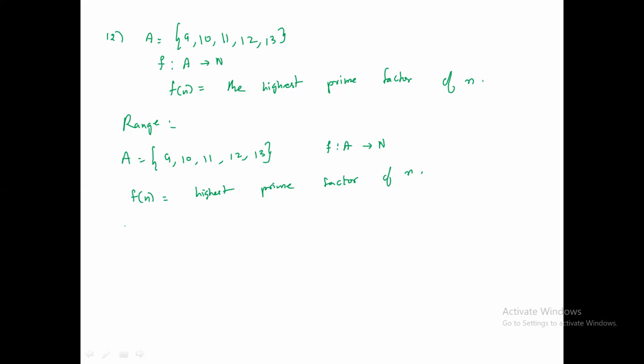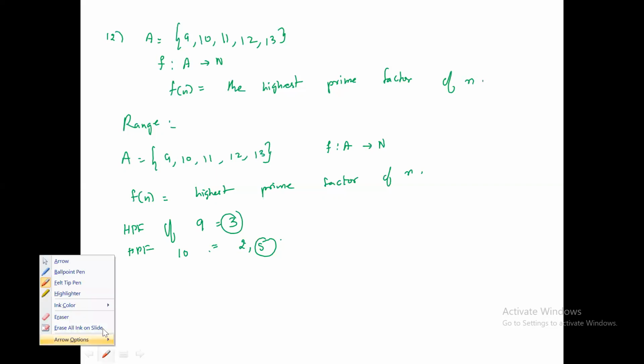So the highest prime factor of 9 is 3. Highest prime factor of 10 means 5. Here 2 and 5 are the prime factors.